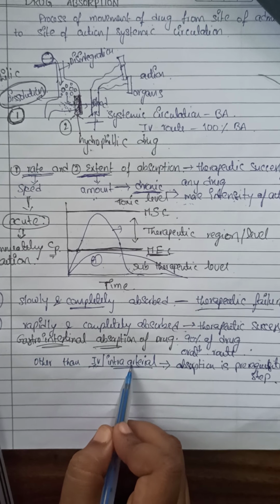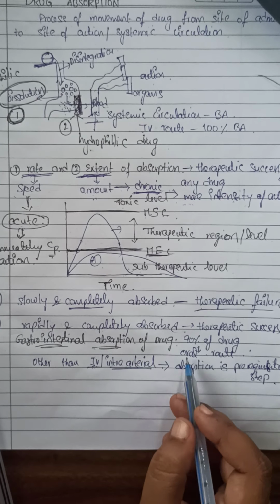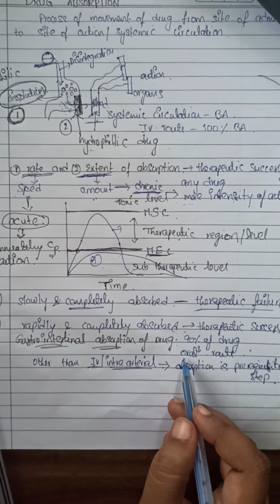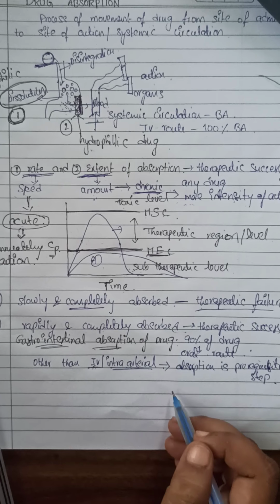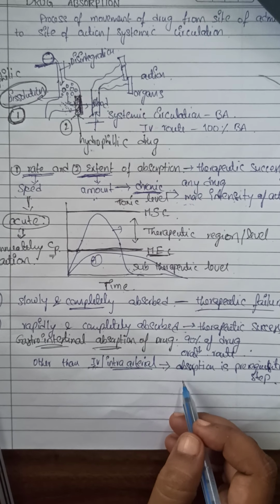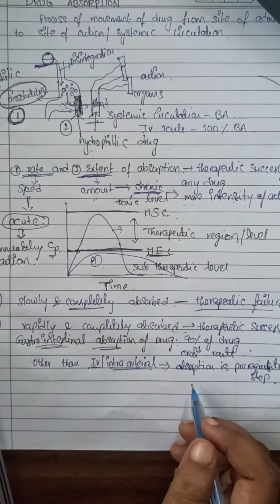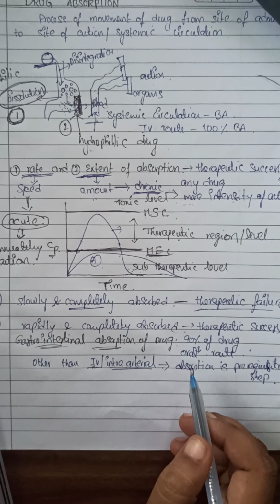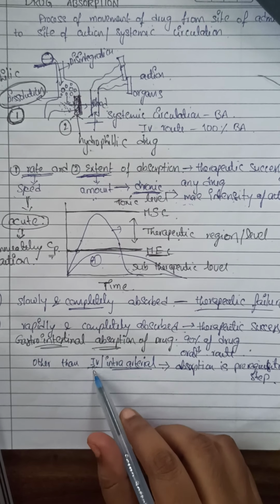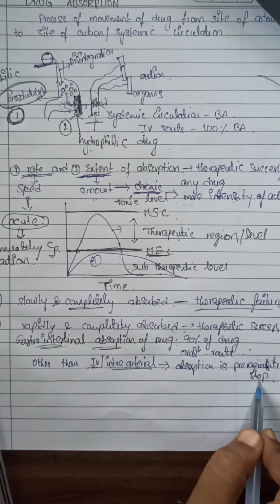Whether the drug is topical, oral, intramuscular or intradermal, we can observe the biological membrane. For any drug to show its action it must cross the biological membrane. The crossing of the biological membrane is known as the absorption step. Hence, other than IV and intra-arterial routes, absorption is the prerequisite step.